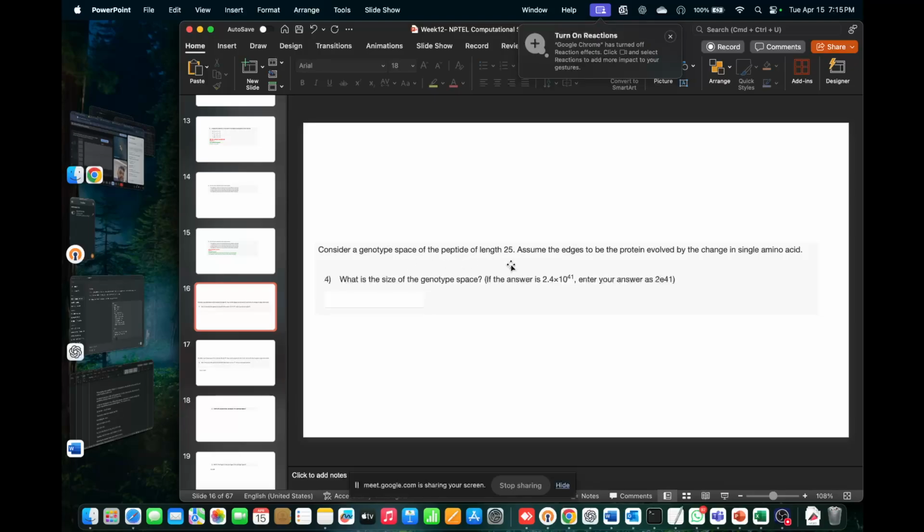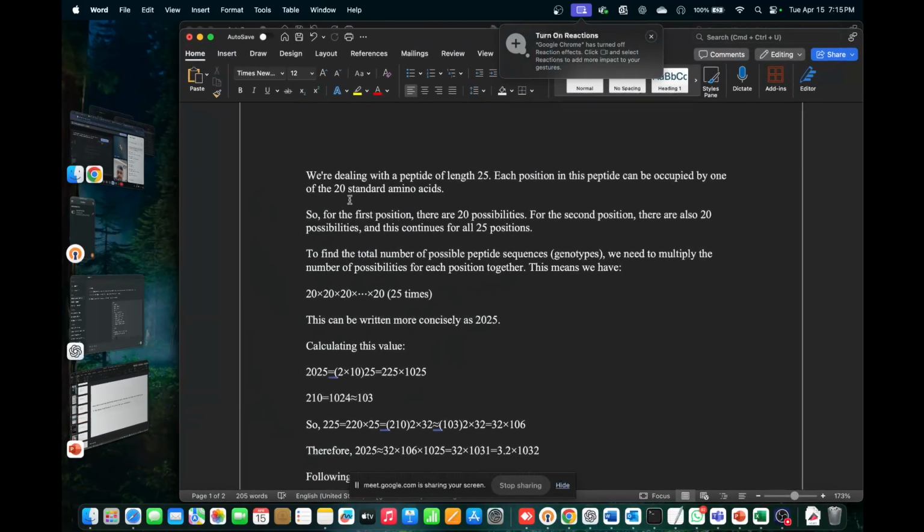If you have a peptide of length 25, and you are assuming the edges to be the protein evolved by the change in a single amino acid. Okay, so we are dealing with a peptide of length 25. Each position in this peptide can be occupied by one of the 20 standard amino acids. So for the first position, there are 20 possibilities. For the second, there are 20, and so on for 25 positions.